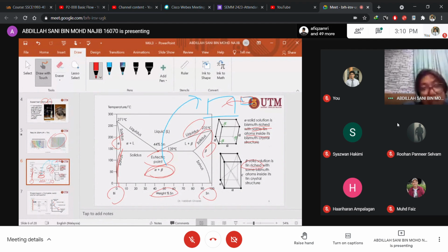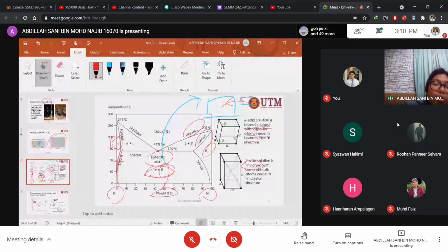When it exceeds this line, which is the solubility line, it goes from only alpha to having beta as well. If you add some, it dissolves and it's still alpha, but you add more, there will be formation of beta.